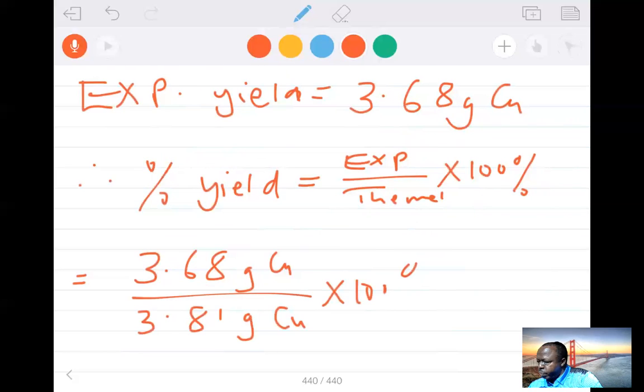This will give me 3.68 divided by 3.81 times 100, which is 96.6%, which is not bad, you know.